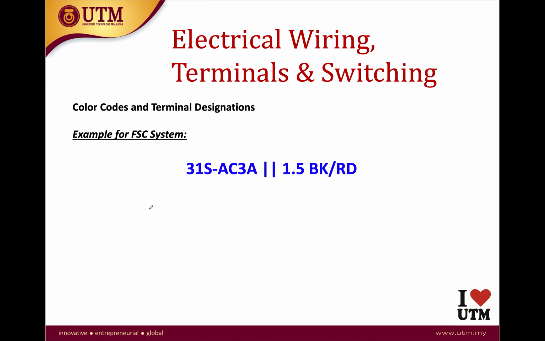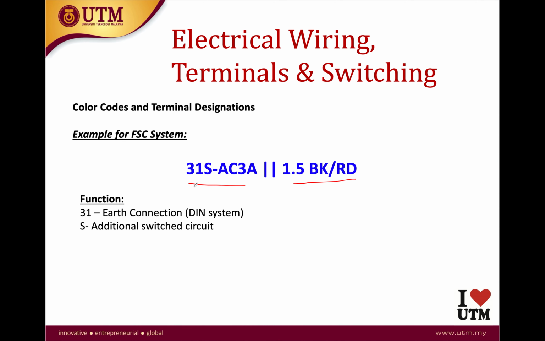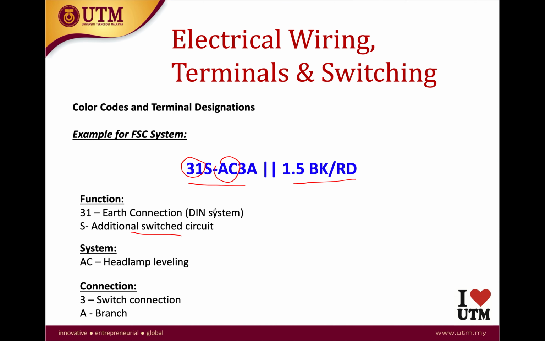An example of this FSC system is 31SAC3A, 1.5BK and RD. So what's the meaning of this? 31 here means earth connection based on the DIN system. S means additional switch circuit. AC here means your headlamp leveling system. 3 means switch connection.